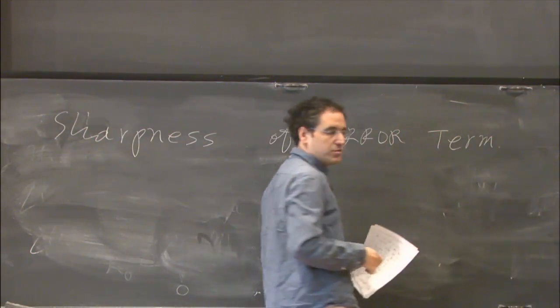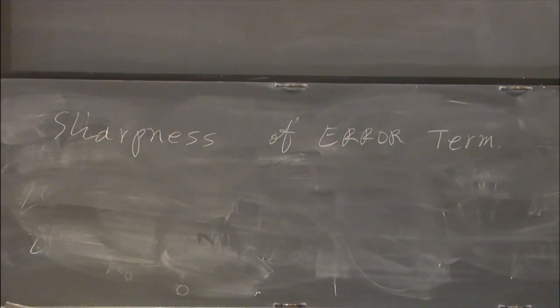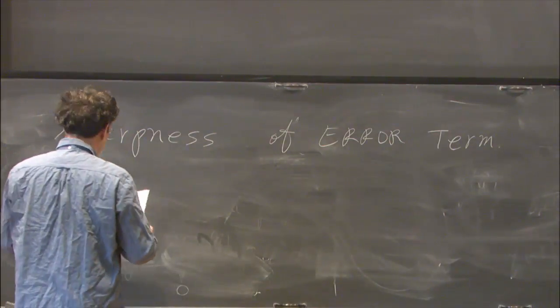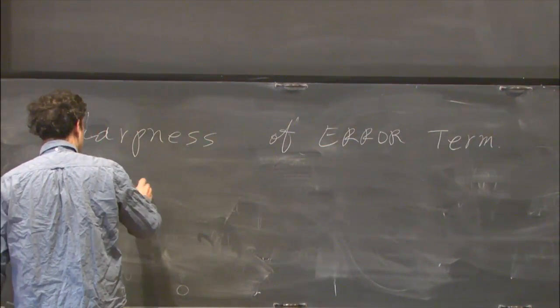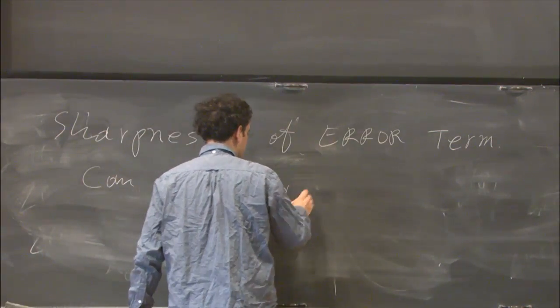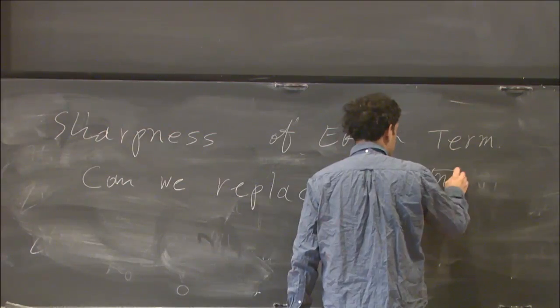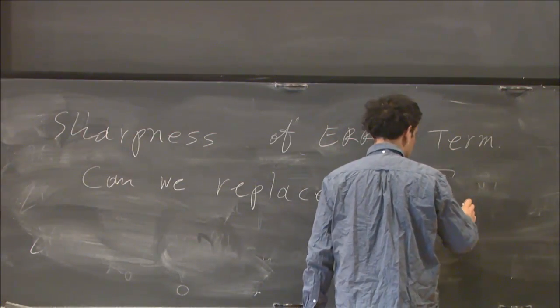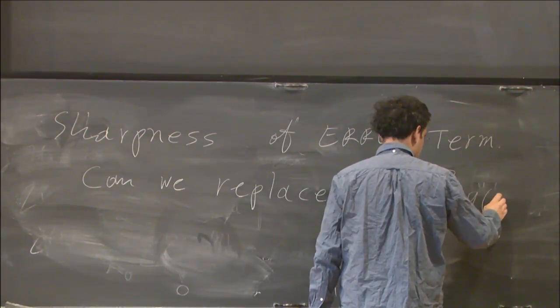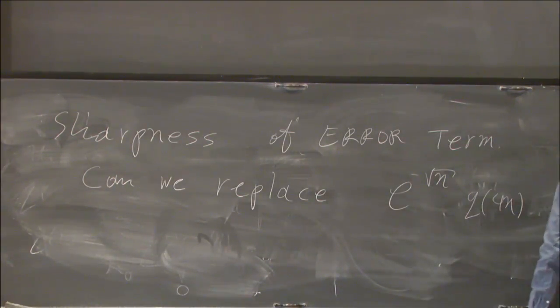It's also a question which came from Zhenya. The question is, can we replace the error term e to the power minus square root of n in q of 4n by e to the power minus n to the power 1/2 plus epsilon?